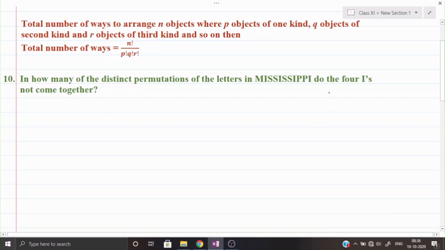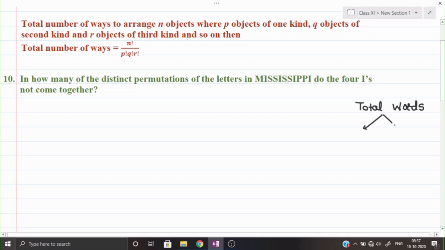First of all, if I am finding the total number of words, I can categorize them into two parts.